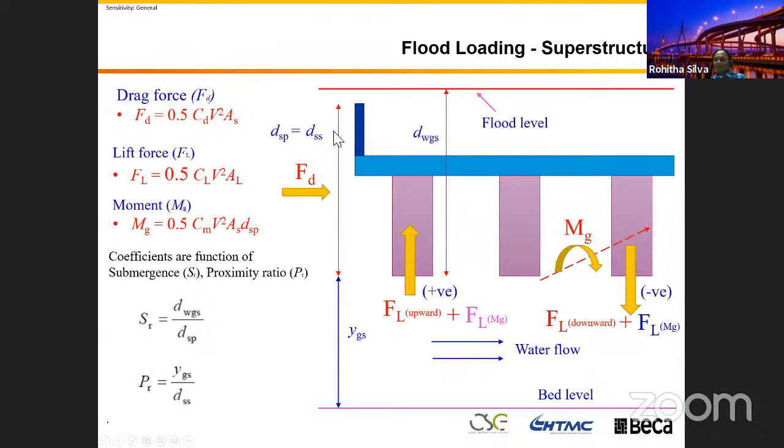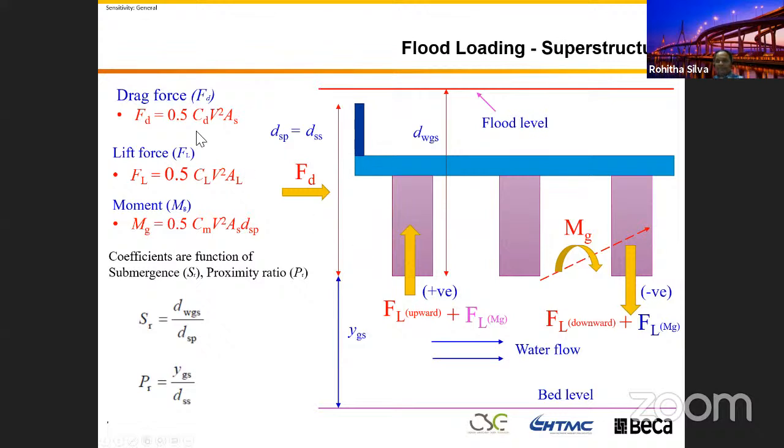That depth we call DSS, the superstructure depth. If you have normal Super T bridges or high girder bridges, this depth is quite significant, almost about 3 meters.